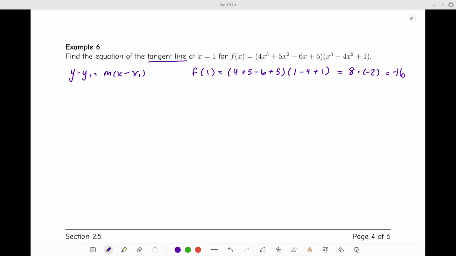So then the only thing that's left is we need the slope of the tangent line. And if you remember, the definition of the derivative is the slope of the tangent line. So I'm going to find f prime of x.